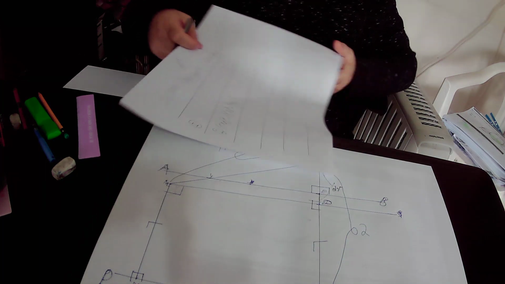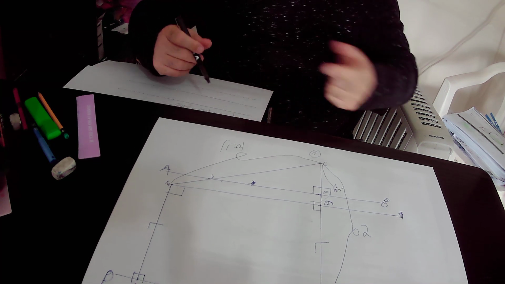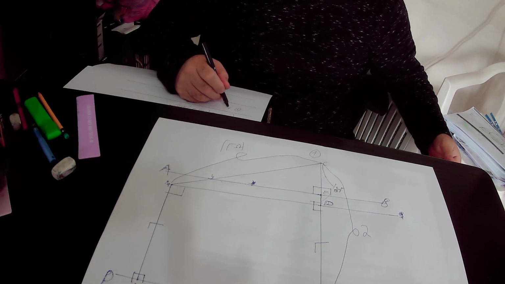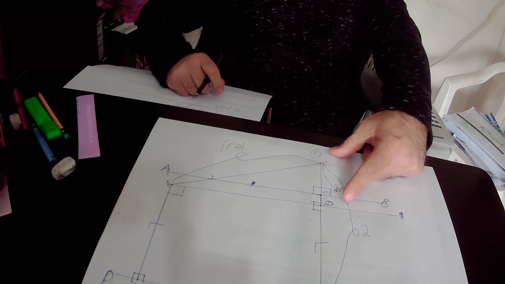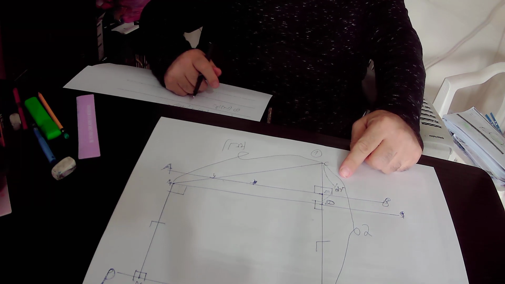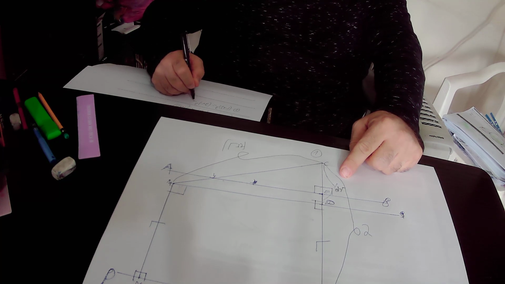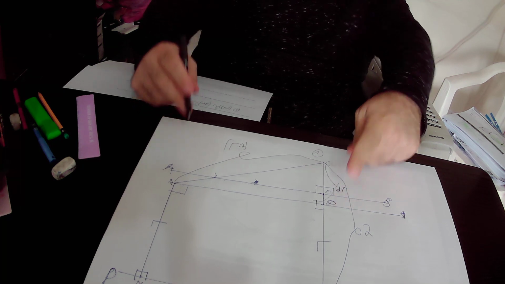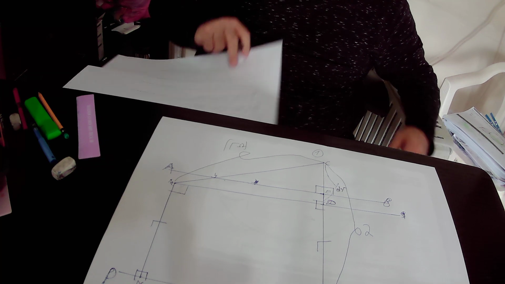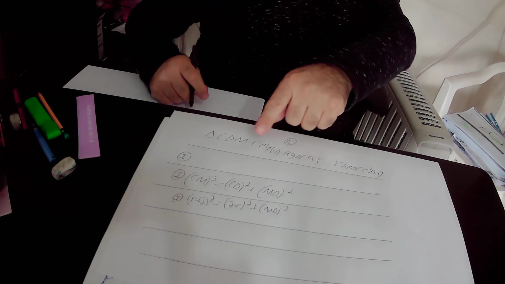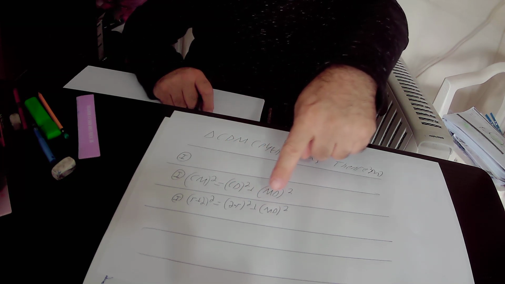But we have already found out that CM equals R plus 2, therefore CM square equals (R plus 2) square, and CD equals 2 minus R, so CD square equals (2 minus R) square.